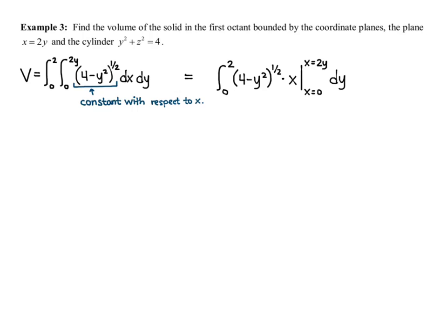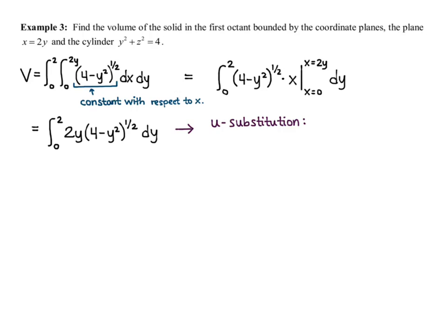After plugging in the upper and lower bounds for x, we get the integral from 0 to 2 of 2y times (4 minus y squared) to the 1/2 dy.